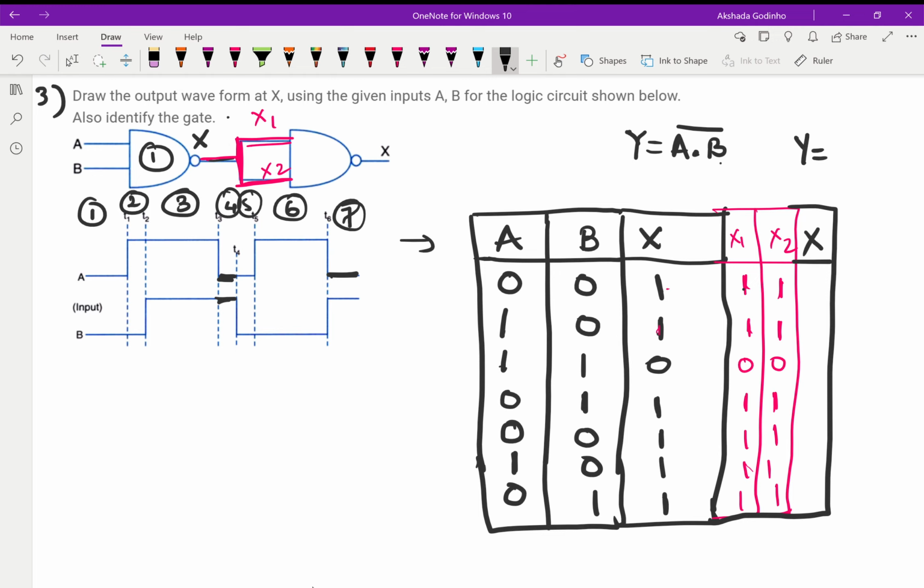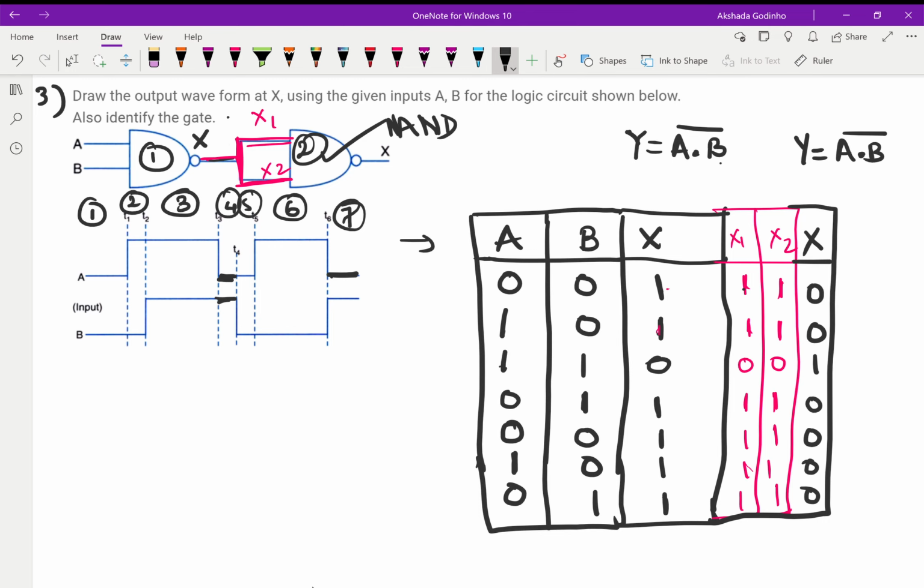This is again a NAND gate. Second gate is also a NAND gate. NAND gate Boolean expression is (A dot B) inverse. So 1 into 1 is 1, inverse will be 0. 1 into 1 is 1, inverse is 0. 0 into 0 is 0, inverse is 1. 1 into 1, all these values are going to be 0, 0, 0.